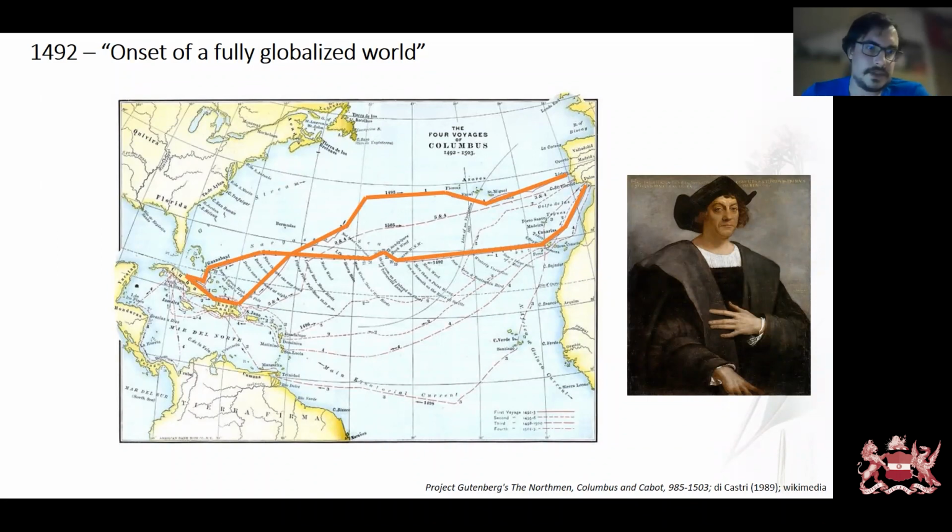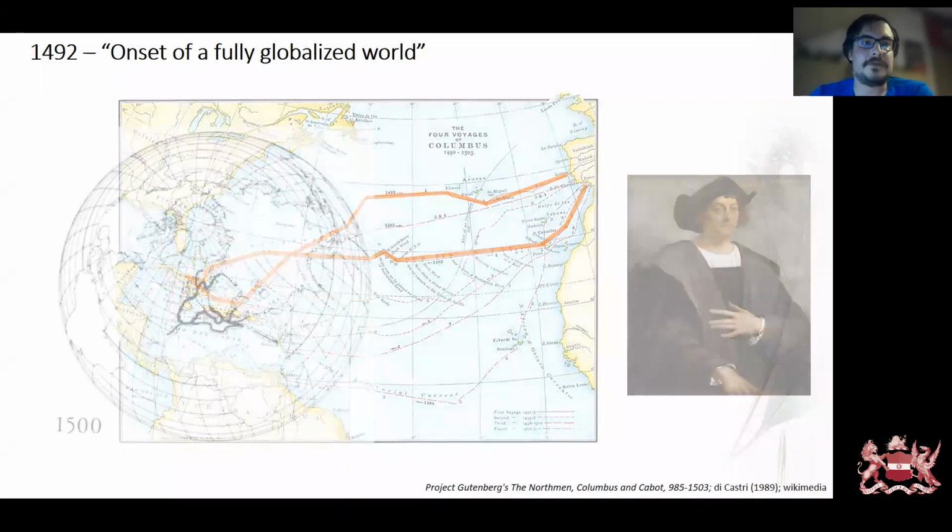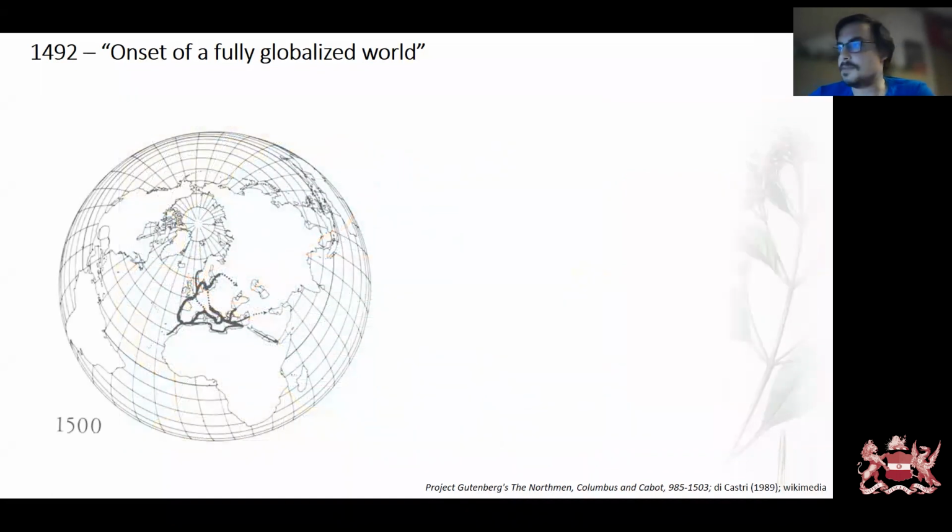This is generally perceived as the onset of a truly globalized exchange of commodities, species, and people. If we look at this very nice representation of the global shipping or trading network in the seminal work by De Castri, we can see the shipping network in 1500, which is still very much focused on Central Europe and the Mediterranean.